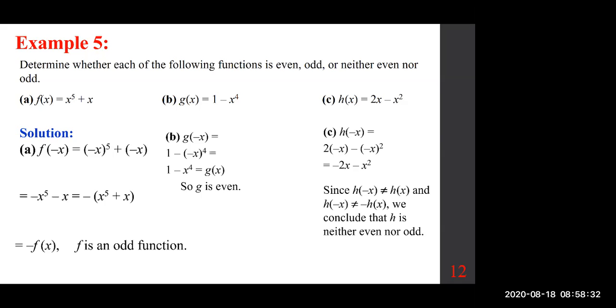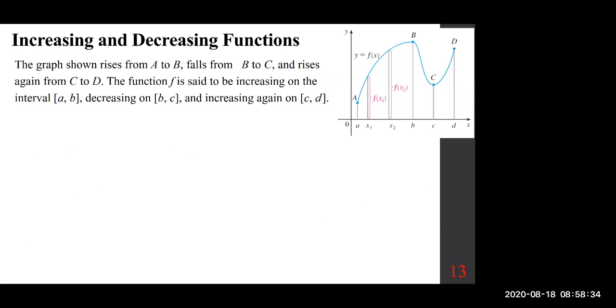All right, increasing and decreasing was discussed. In short, as we go from left to right, x gets larger. What happens to the y? The y gets larger, increasing. If it gets smaller, it's decreasing.